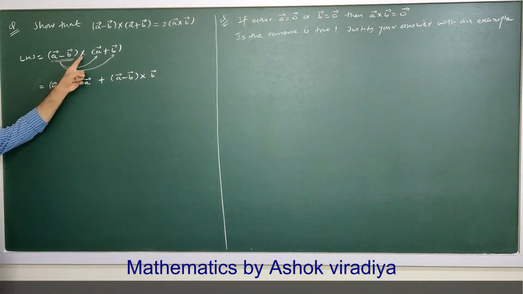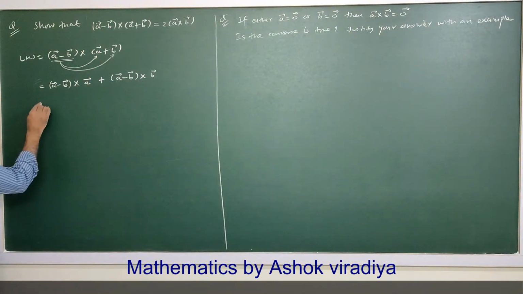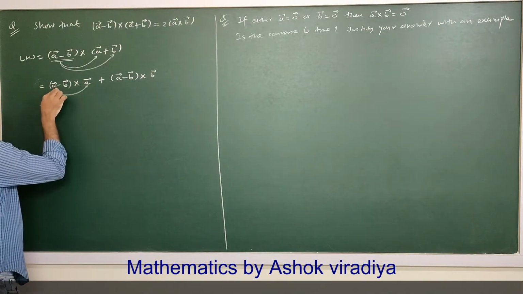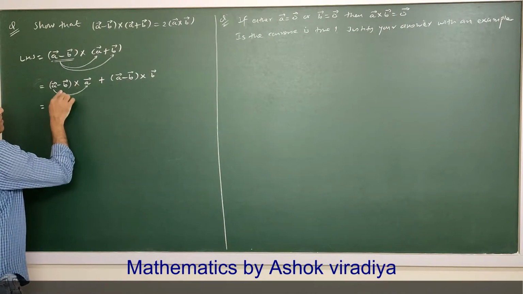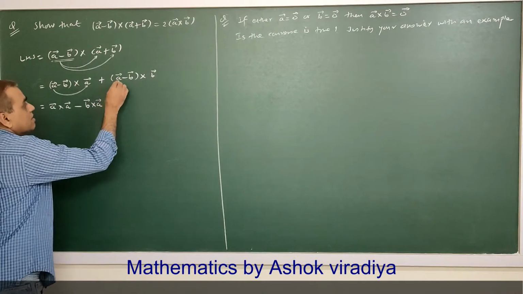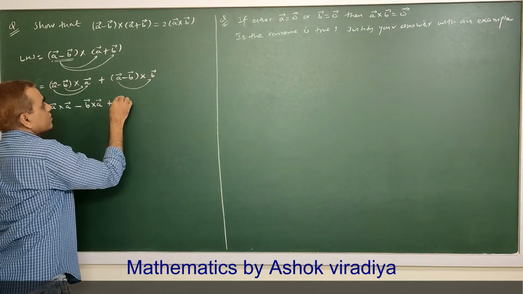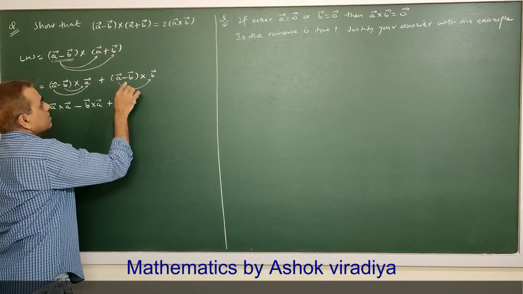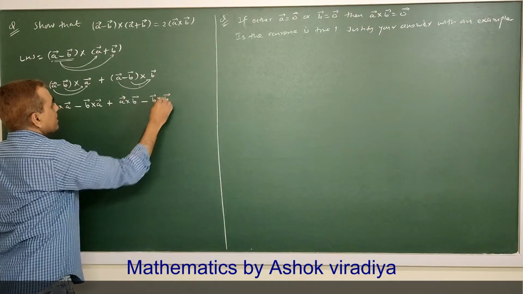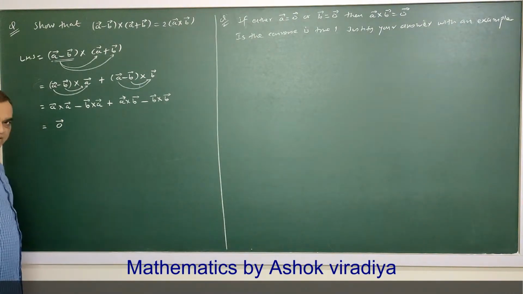So cross product is distributive over addition, that is used. Now again, cross product is distributive over addition, so vector A cross vector A minus vector B cross vector A plus vector A cross vector B minus vector B cross vector B. Now taking cross product of any vector with itself is zero vector.